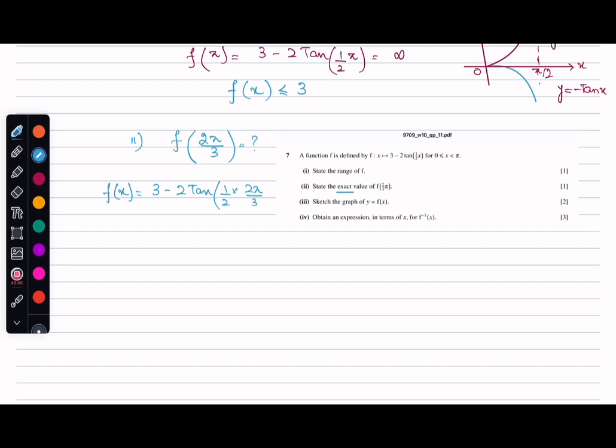The 2s get simplified, and I am left with 3 minus 2 tan pi by 3. And tan pi by 3 is root 3, so this is equal to 3 minus 2 root 3. This is going to be the exact value for this simple question.